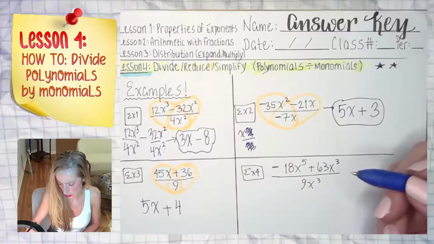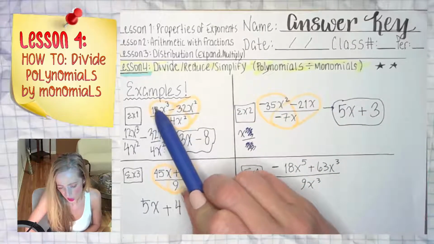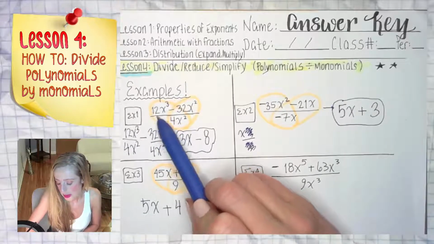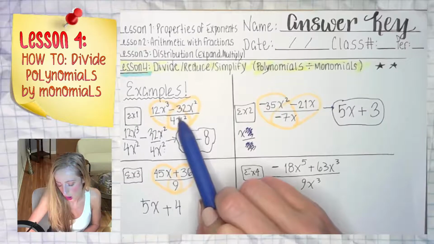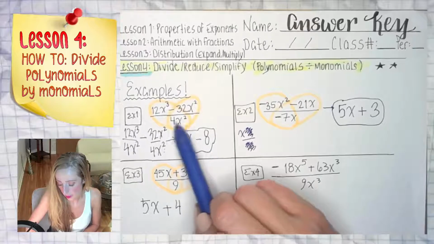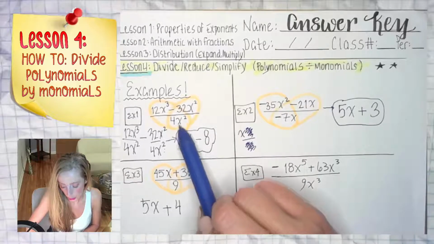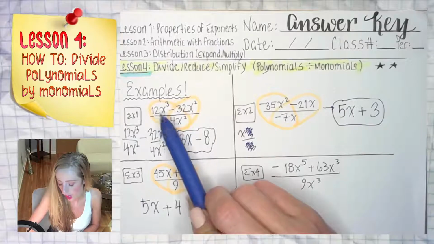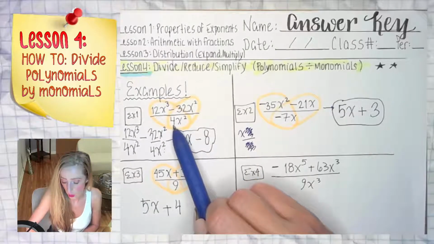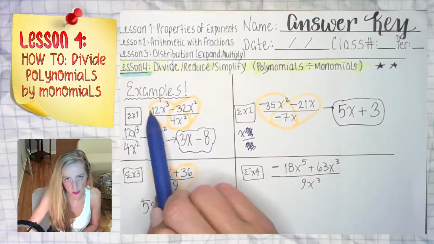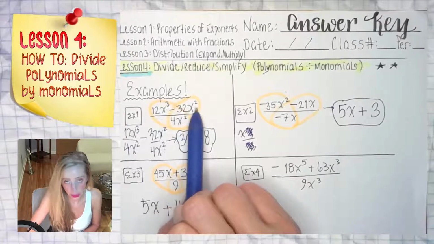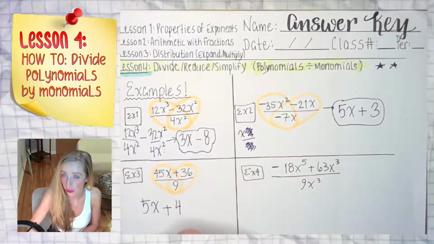I wanted to point out what we'll see in an upcoming lesson, lesson 7. When we are placing our own term under here, we will match the sign of this term, this monomial, with the sign of the first term of the numerator. And typically, we are going to look at our numerators in standard form.